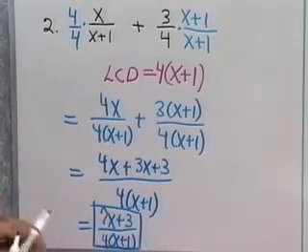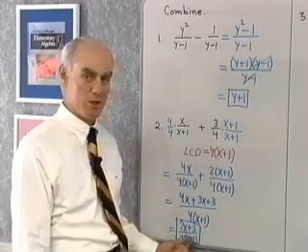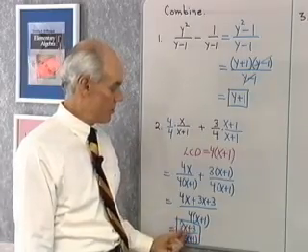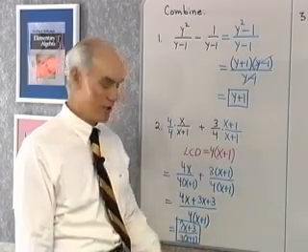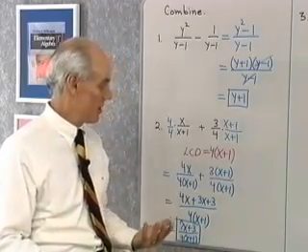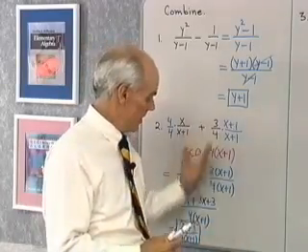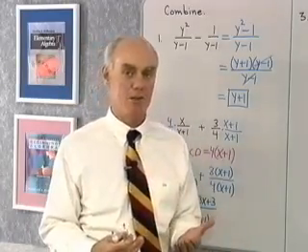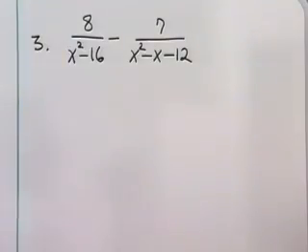Now the reason that I left this denominator in factored form is that the next step would be to reduce this to lowest terms if the numerator and denominator had any factors in common. They don't, so I'm just going to leave the problem this way. Generally our polynomials when they're in factored form are easier for us to work with. So in any case, that's a look at adding a couple of rational expressions that don't have the same denominator. Let's try a little more complicated problem.